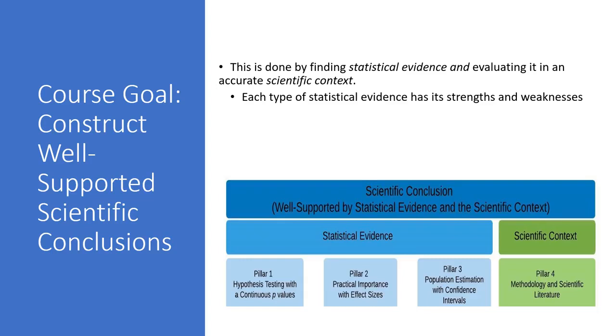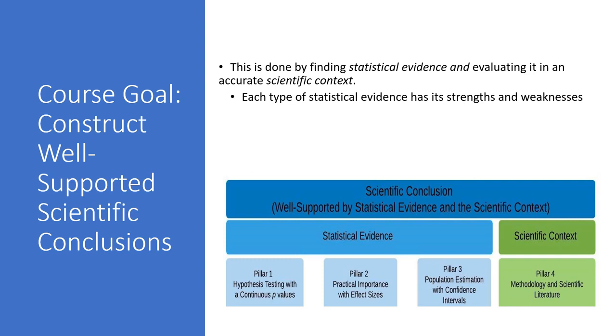The statistical evidence comes in many forms, right? And in this class, we're going to talk about three different types of statistical evidence: hypothesis testing with a continuous p-value, the practical importance of results with an effect size, and then population estimation with confidence intervals.